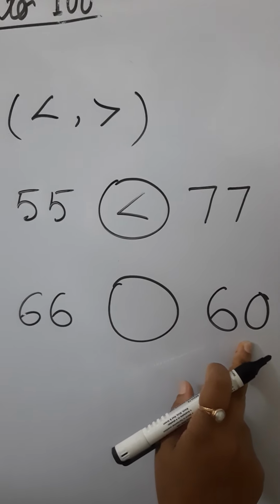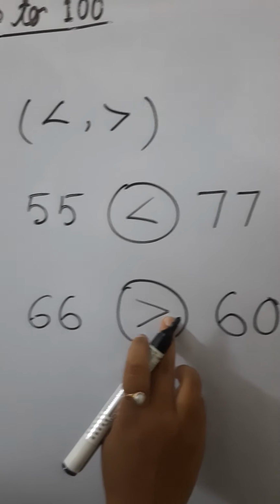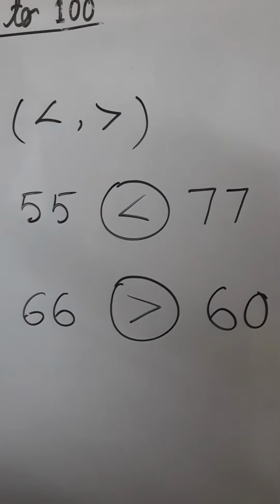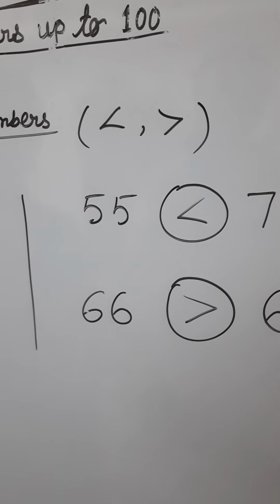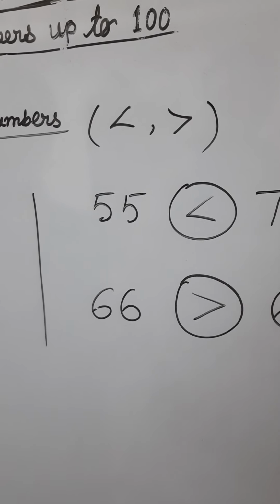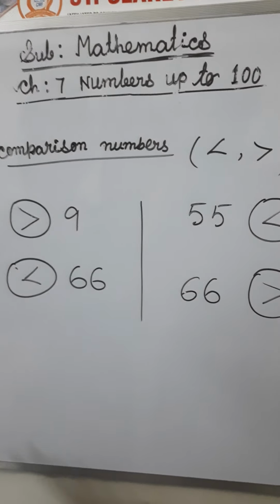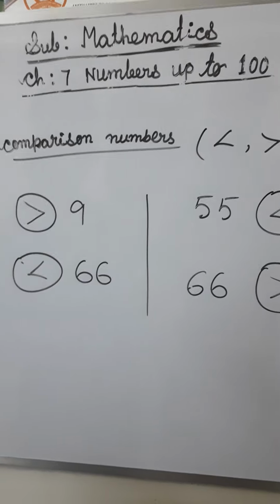So how do we write the symbol? Like this, because the arrowhead is on the smaller number side. If you use this trick, you are able to do the comparison numbers easily and you will get the marks also. You will understand how to do it, and you will never be confused when you do comparison numbers.